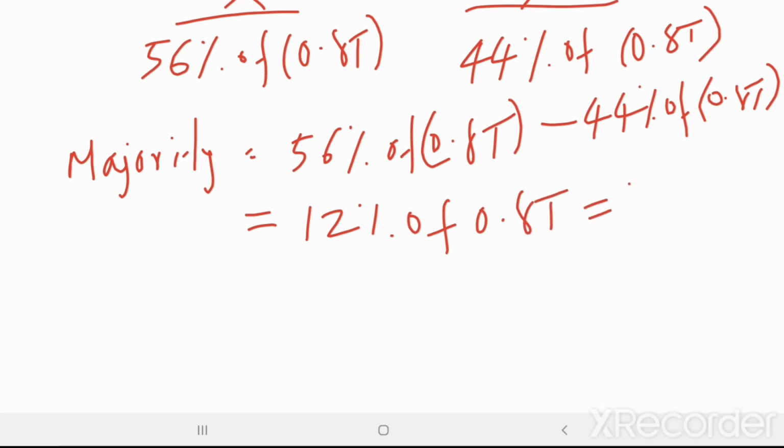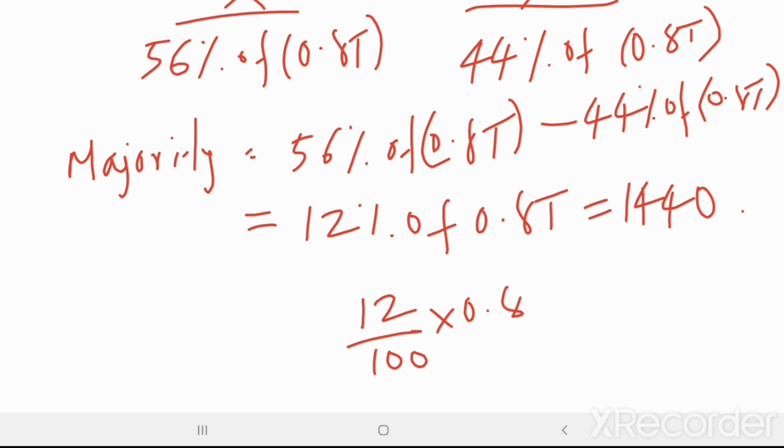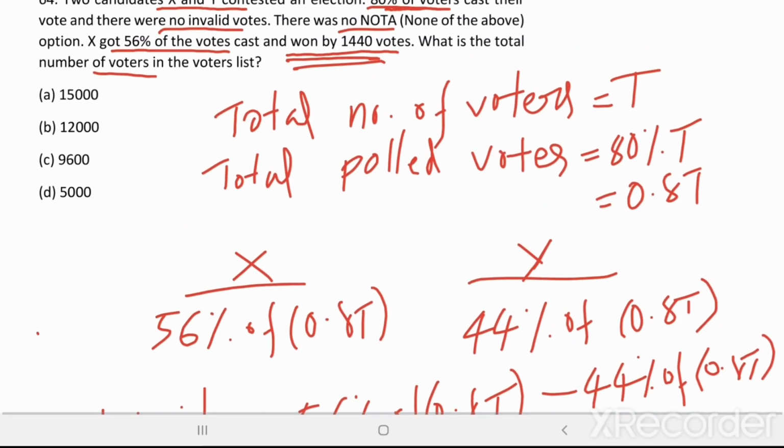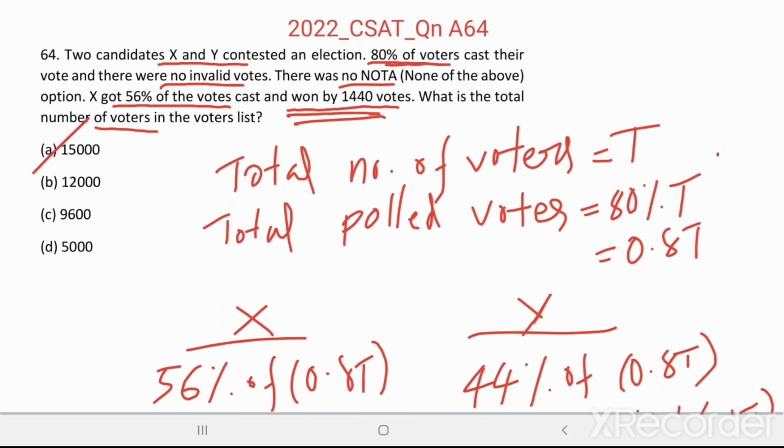This is equal to 1440. So 12% means 12 divided by 100 into 0.8T equal to 1440. From here we get T equal to 15,000. Total number of voters in the voters list equal to 15,000. Option A is the right answer.